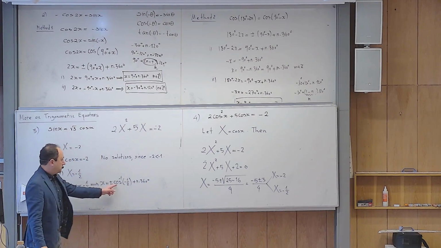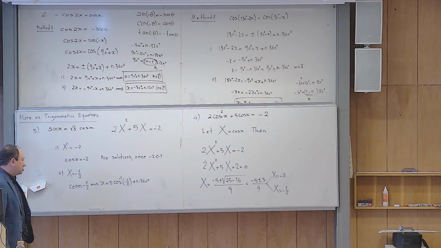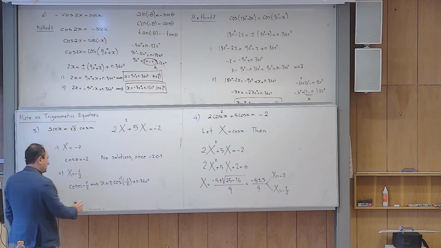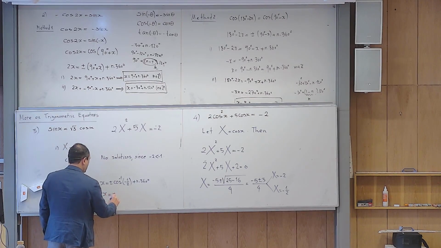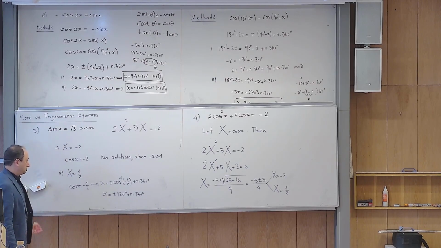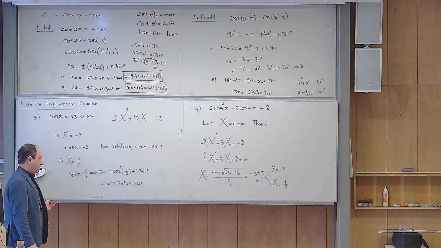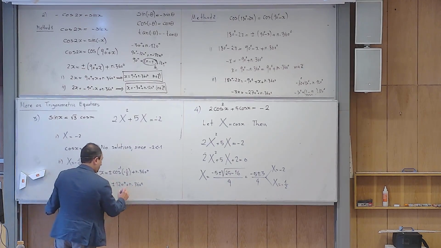And hopefully you remember that minus a half is also a famous angle, and the angle whose cosine is minus a half is 120, if you see that in the table. So x becomes plus or minus 120 degrees plus n times 360 degrees. n belongs to Z.